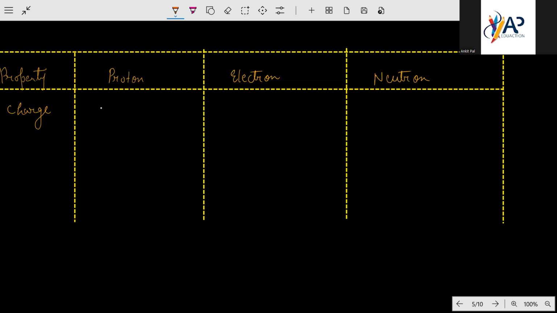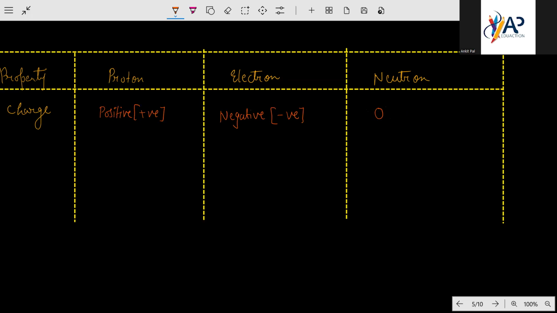Proton has positive charge. In short, I will write plus ve. Electron has negative charge. In short, I will write minus ve. And neutron has zero charge.